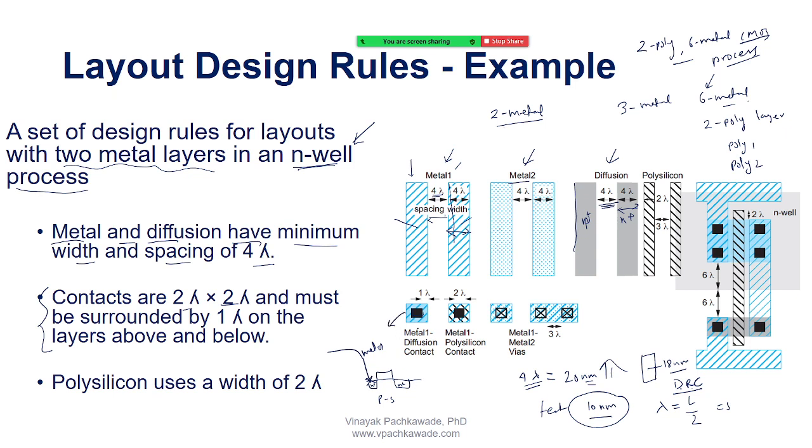It is showing that the contact will be established there to connect metal to this diffusion. Then this is again metal 1 and polysilicon contact. What if to the gate I have a metal connection somewhere, so I will have another contact right over here. So this diagram is showing the contact between metal and the polysilicon.